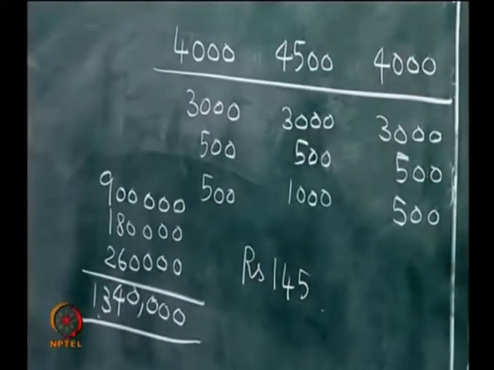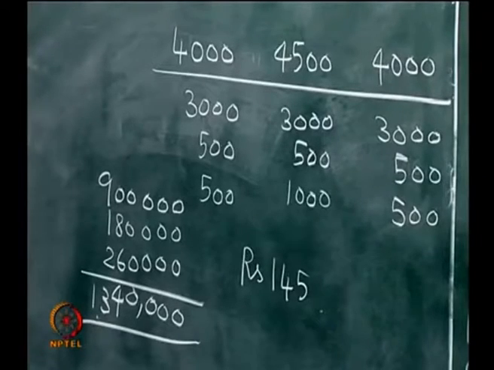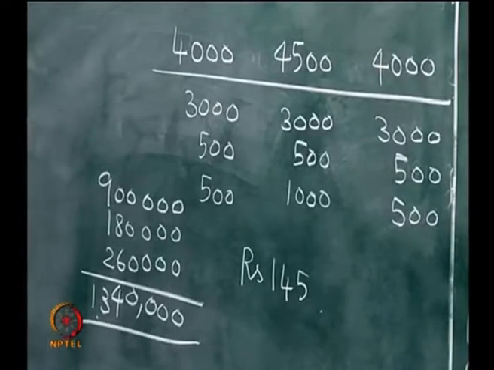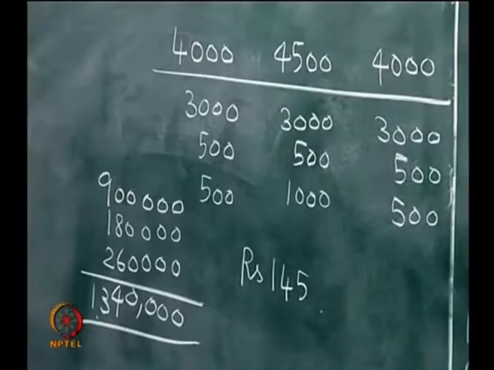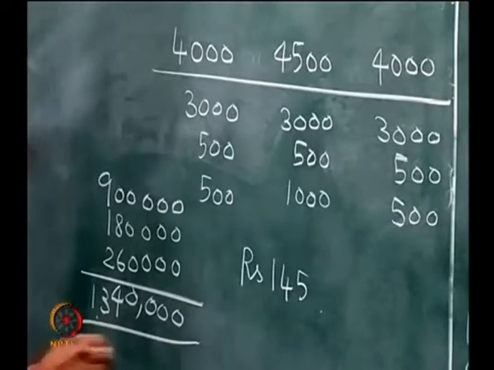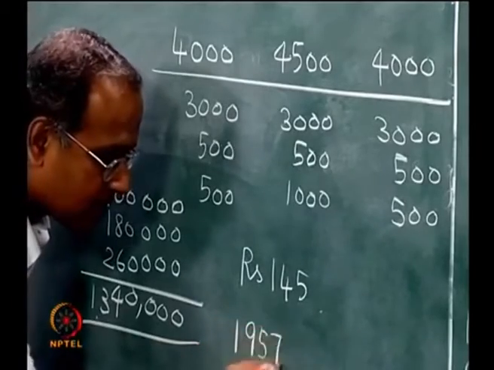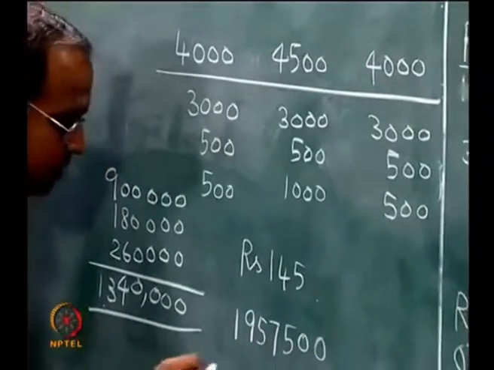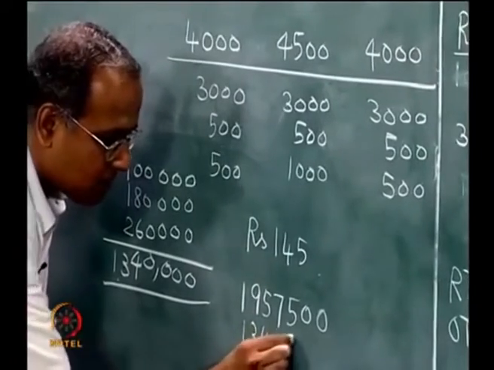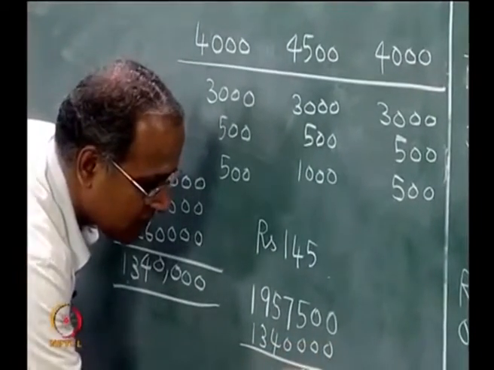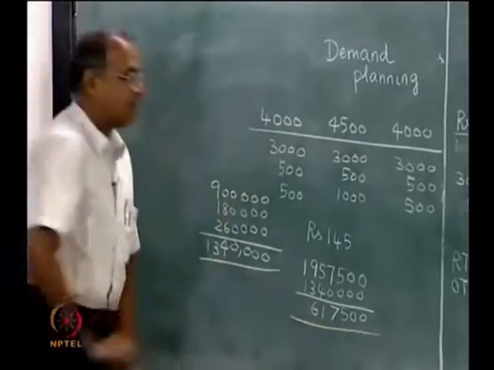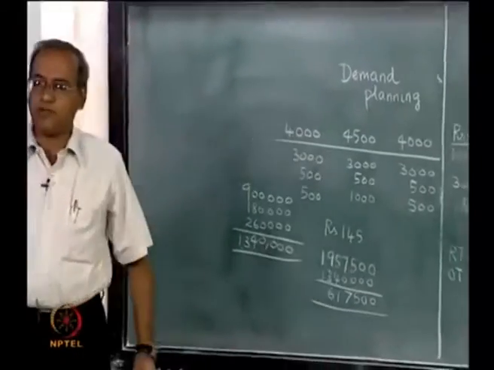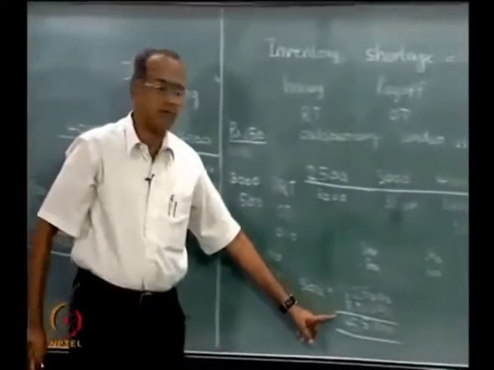Then the total money will be 145 multiplied by total demand of 13,500, which gives us 1,957,500, and the cost of 1,340,000, which gives us 517,500 as the net profit compared to 455,000.